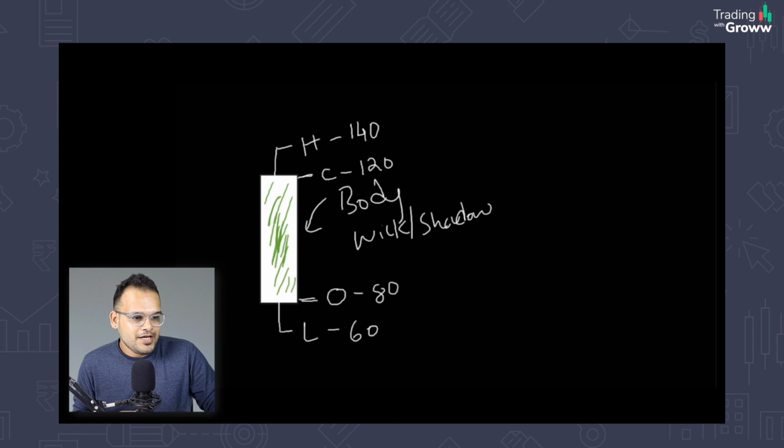Because the market opened here at 80 rupees and traded all along till the 140 level, and after that buyers failed to trade above 140 rupees, and the market traded to the lower levels again. Sellers tried to push the price below 60 rupees but they failed, and after that the market pushed back again and closed at 120 rupees.